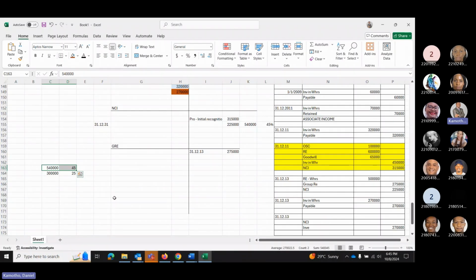But now NCI is disposing of 25%, and that 25% is basically 300,000.